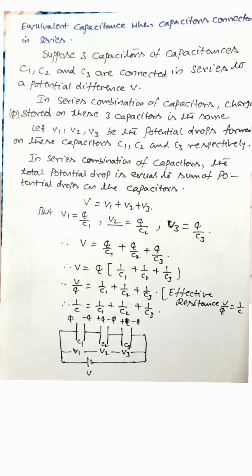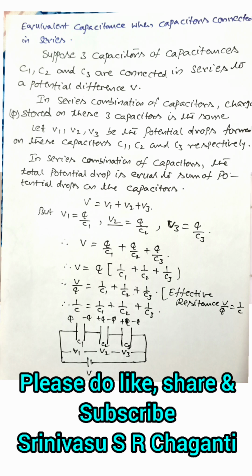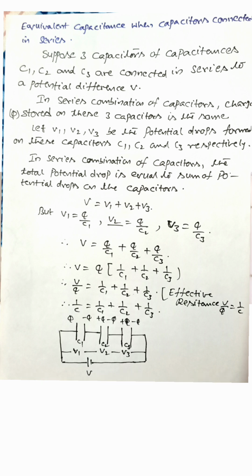By the way, one more important concept that we have to discuss here is what is the equivalent capacitance when capacitors are connected in series. Suppose there are three capacitors of capacitances C1, C2 and C3 which are connected in series to a potential difference V. In series combination of capacitors, we know that charge Q stored on these three capacitors is the same.